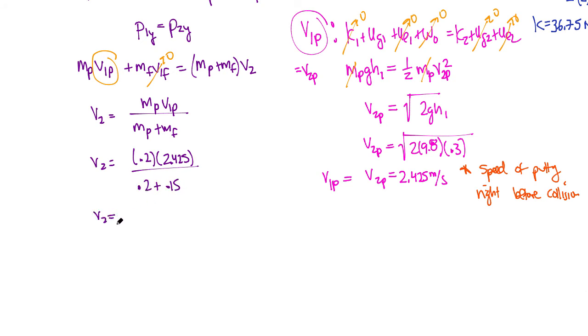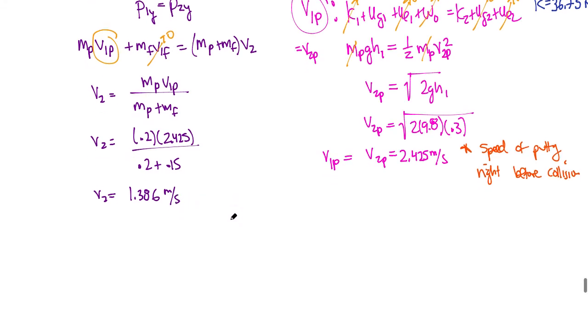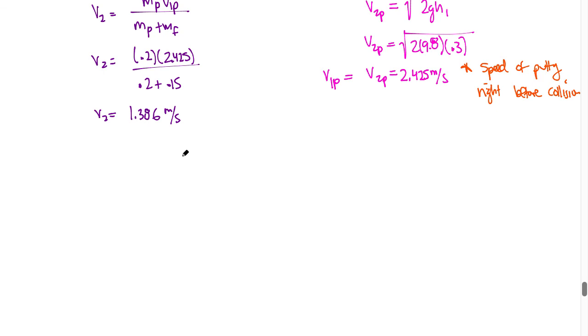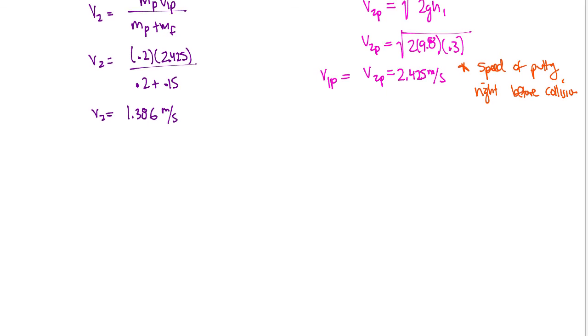So the velocity that the putty and frame move together with will be approximately 1.386, I guess we'll round it to, meters per second. And so now we can transition into another conservation of energy. So this is, we'll use the other color here. So this is speed of putty and frame together.